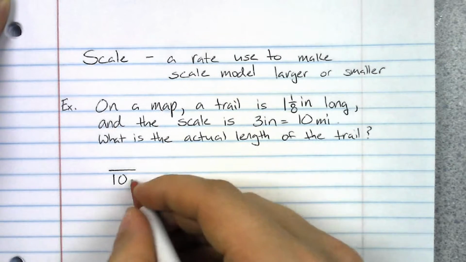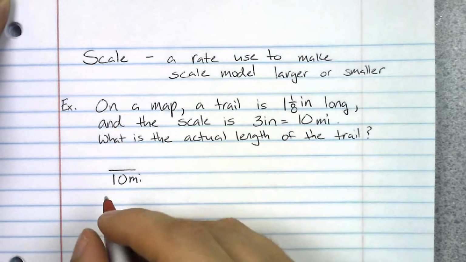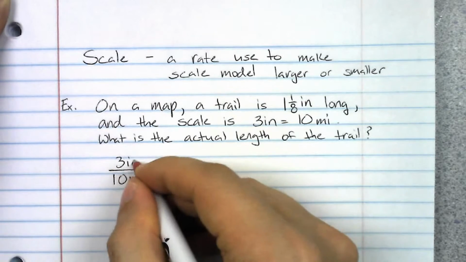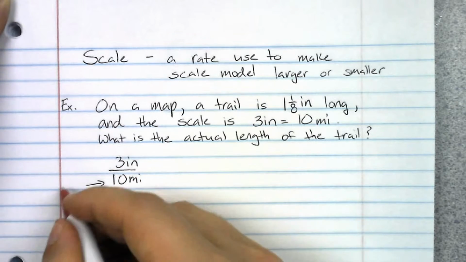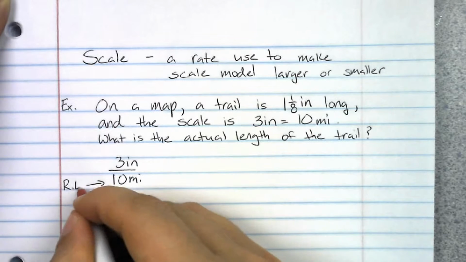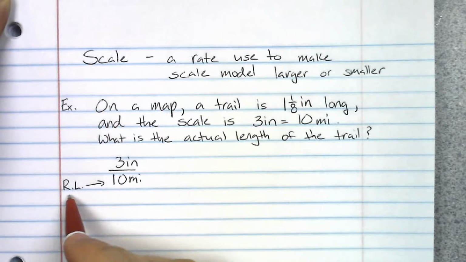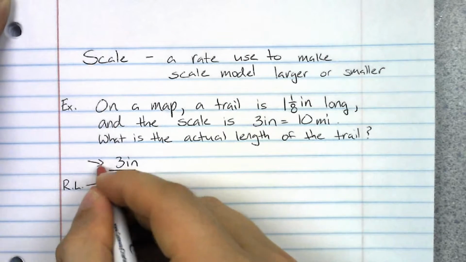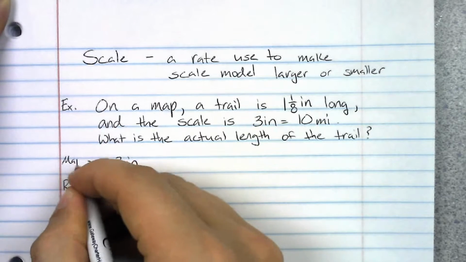So, we know that 10 miles in real life is represented by 3 inches on the map. So, you can write actual or real life, whatever you'd like here. And this is going to be our map measurement.